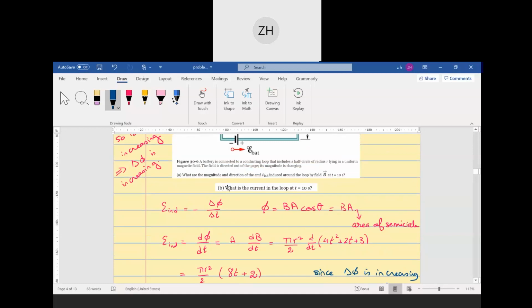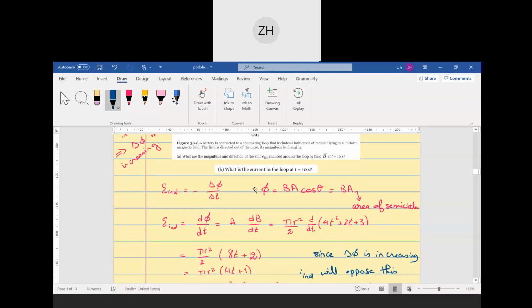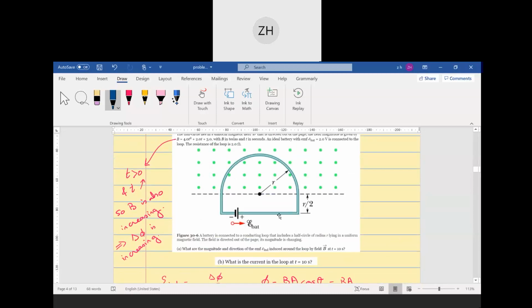In part B, we want the value of the current in the loop at t equal 10 seconds. Now, if we want the value of the current, we have to relate the electromotive force to the current itself. How do we do this? We're going to check Ohm's law, because this loop has a total resistance that is given to be 2 ohms.